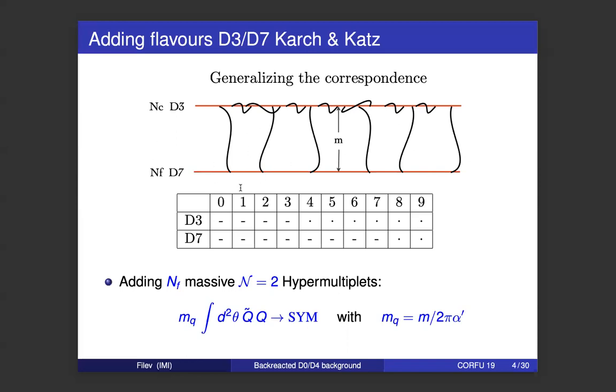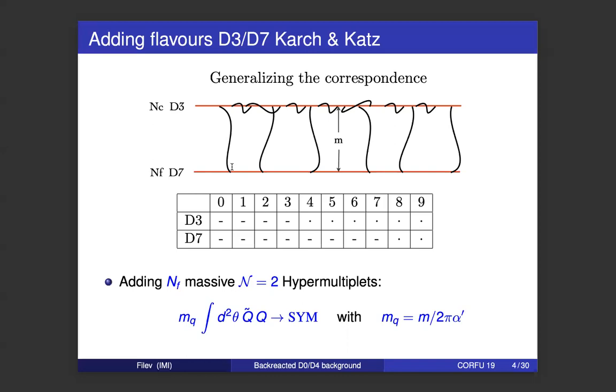All the fields that transform in this part of the representation are in the fundamental representation, but of the global symmetry, so it's a flavor symmetry. That's why this is actually a way of introducing flavors to the game. In this way, it is more similar to QCD. It's not the same, of course, but it's more similar.